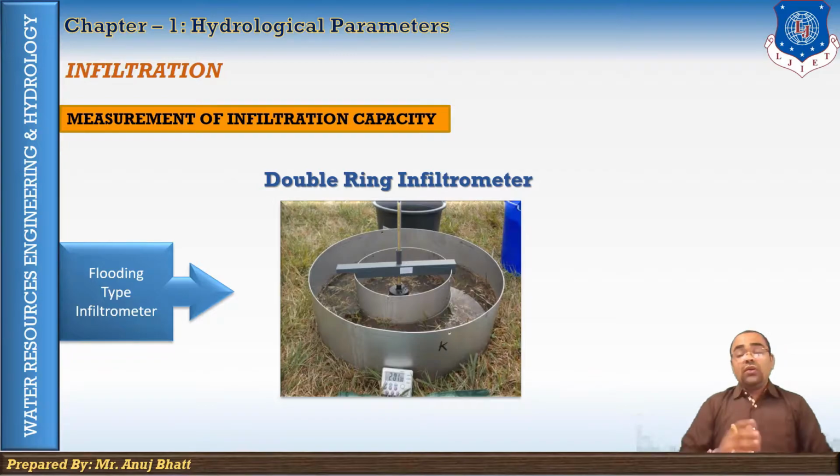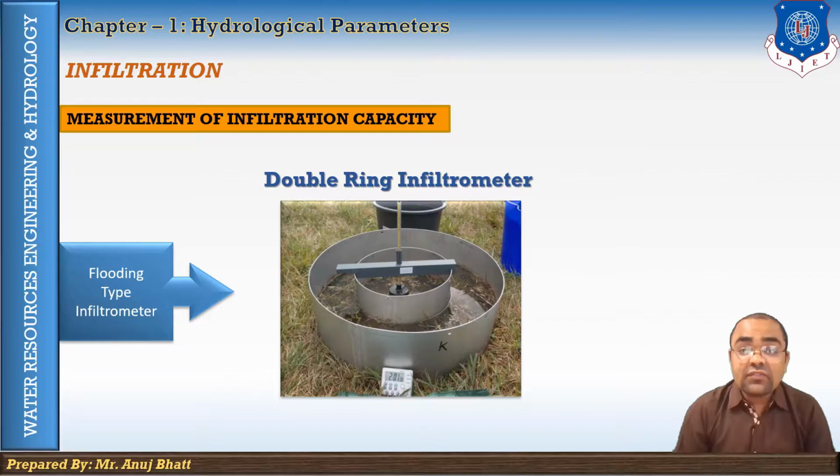But with all of that, there are several challenges related to using such ring infiltrometers. In the double ring infiltrometer, pounding the infiltrometer into the ground deforms the soil, also compresses it, or may cause cracks, which can affect the measured infiltration capacity.